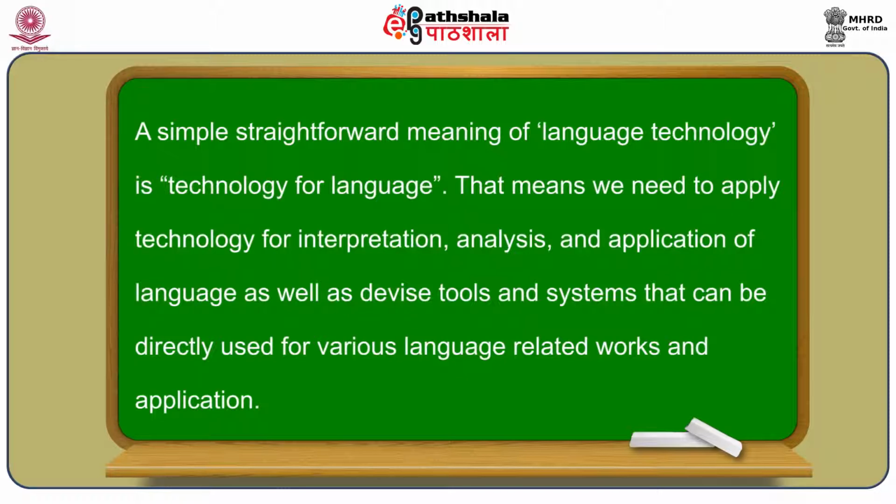Or are we going to develop some technological tools, systems, devices, approaches, methodologies, which can help us to handle, to utilize, to understand our language in a better way? So there has been a continuous conflict between the two. Is it technology for language, or is it language for technology?